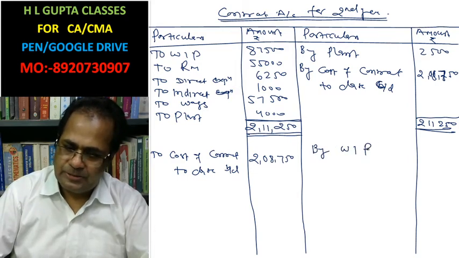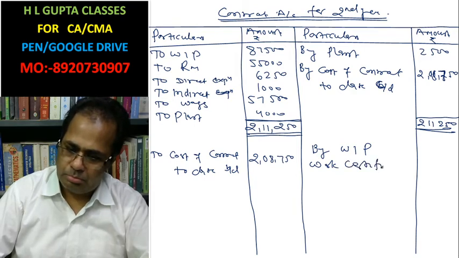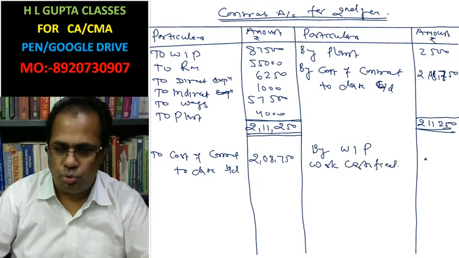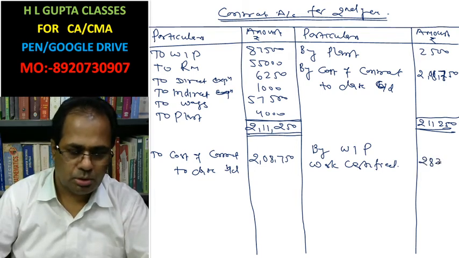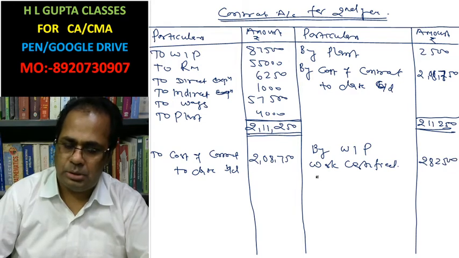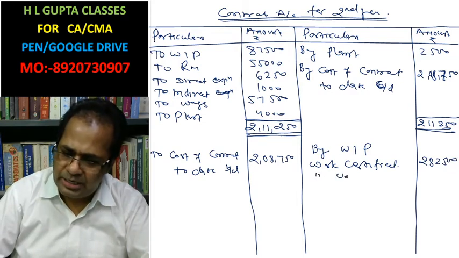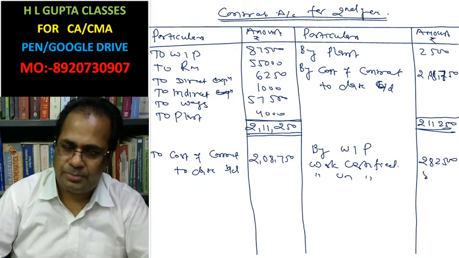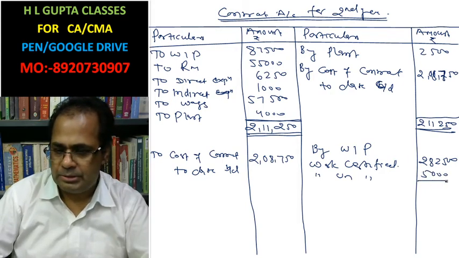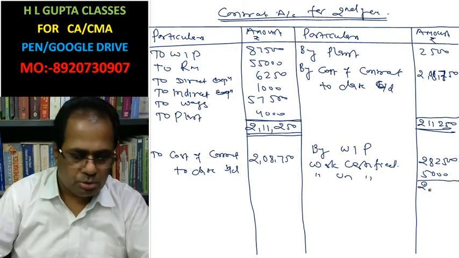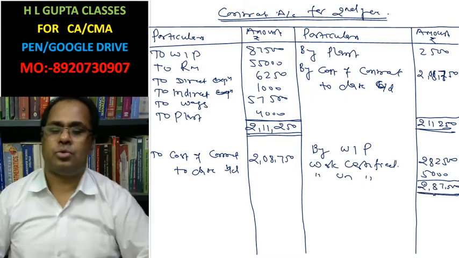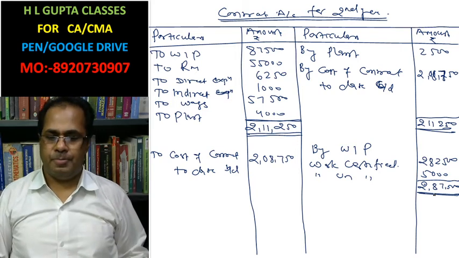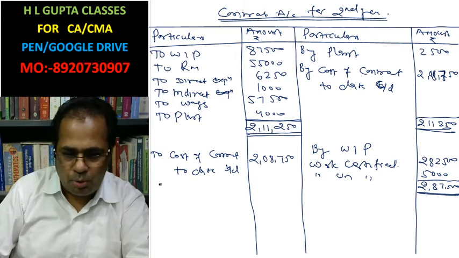Work in progress: work certified 2,82,500, work uncertified 5,000. This is total 2,87,500. Now what will be the notional profit?